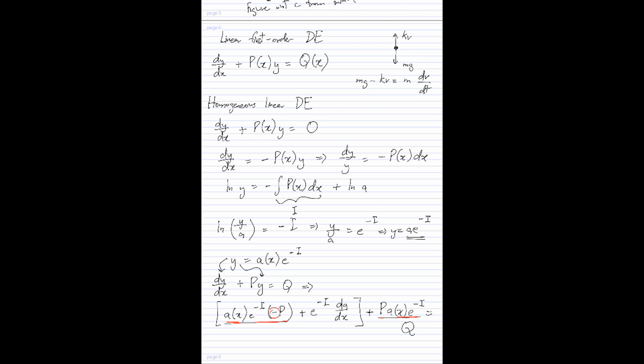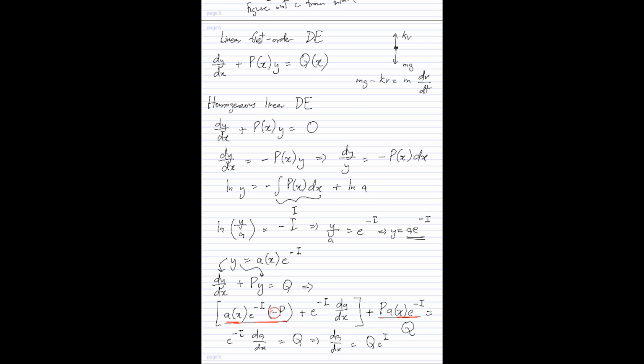So these two terms cancel, and you're left with e raised to power minus I dA by dx is equal to q. In other words, dA by dx is equal to q e raised to power I.